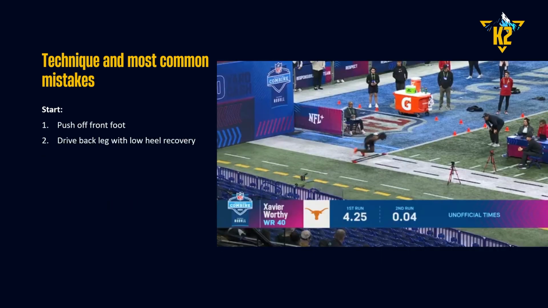Now the start. You're pushing off your front foot. Again, your back foot is very light on the ground, and you're going to drive your back leg to the front with a low heel recovery, which means you're having just a little bit of space between your back foot and the ground. So you're almost dragging your toes over the ground.